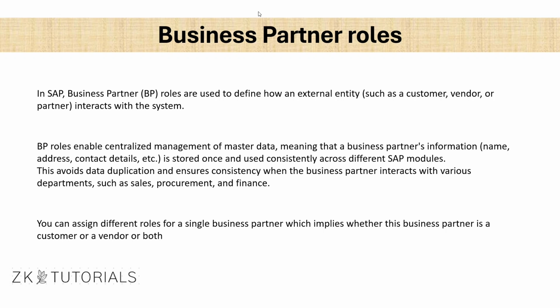There will be two numbers. This is used because when the customer and supplier are the same person, if the business partner number is one for customer as well as vendor, we'll know that he is the one person who is supplying the goods as well as purchasing the goods. So duplication of data will be reduced.